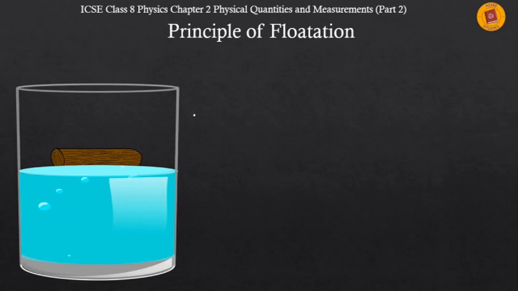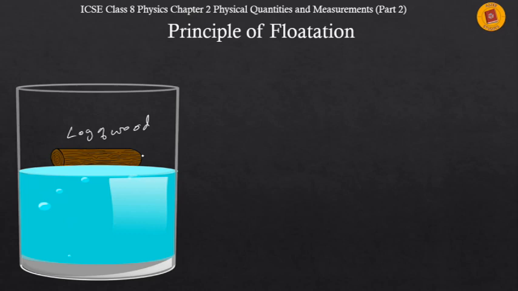What happens in the case of a floating body? The body does not sink. For example, in this case, a log of wood. We put it in water. It will float, right? It won't sink.